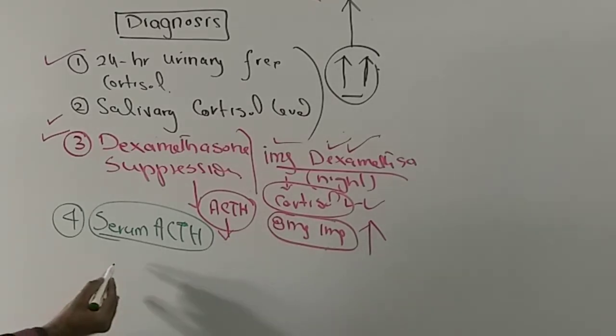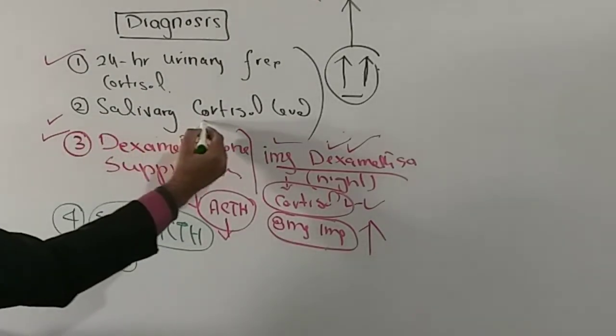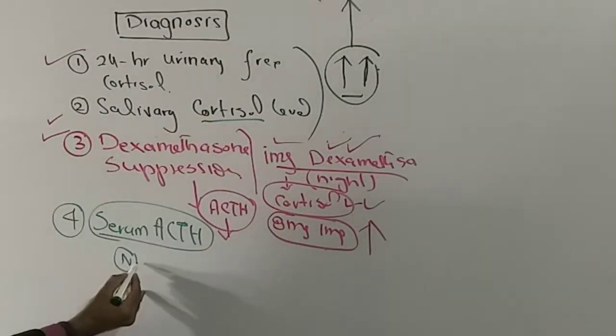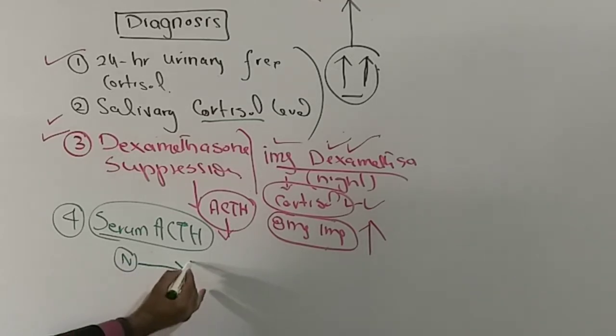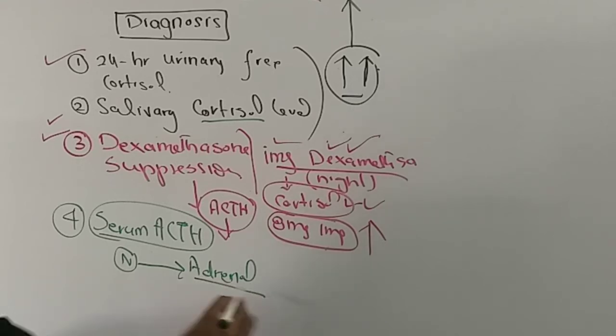If serum ACTH is normal, but patient had higher concentration of urinary free cortisol and salivary cortisol level, then we are to look for adrenal cause of the higher cortisol. Either it may be adrenal source or it may be some exogenous source.